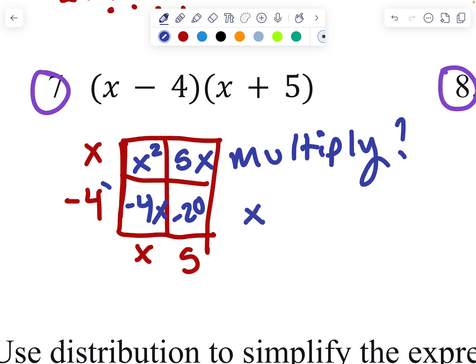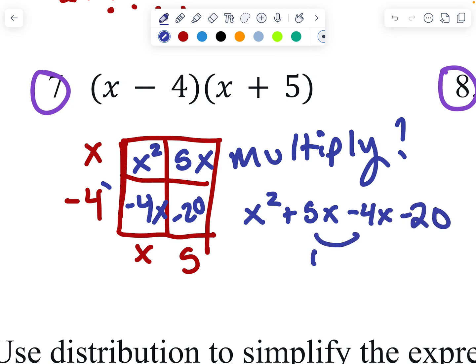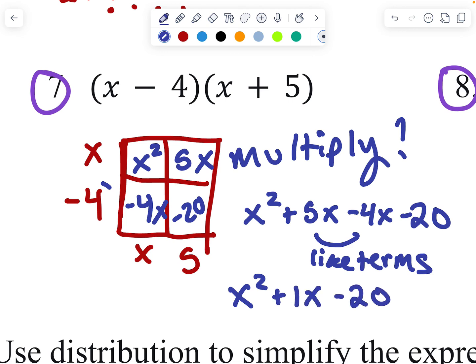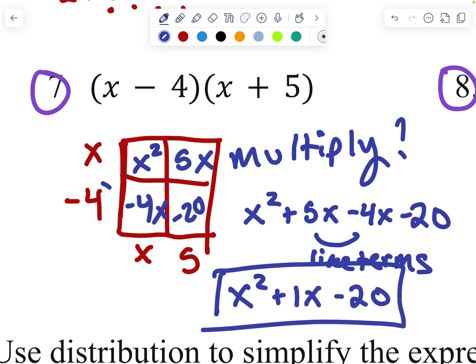We add them all together now. So X squared plus 5X minus 4X minus 20. These are like terms, so we can combine them. So our final answer is X squared, 5X minus 4X is just 1X, minus 20.